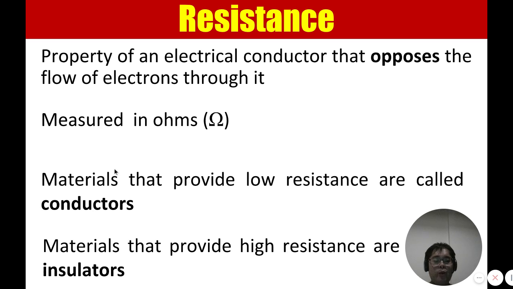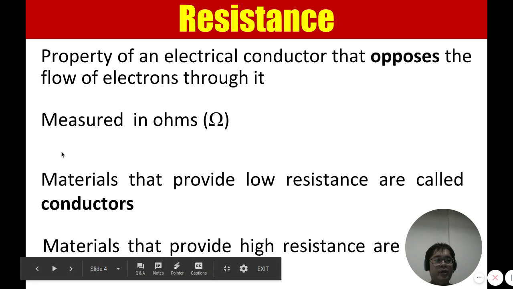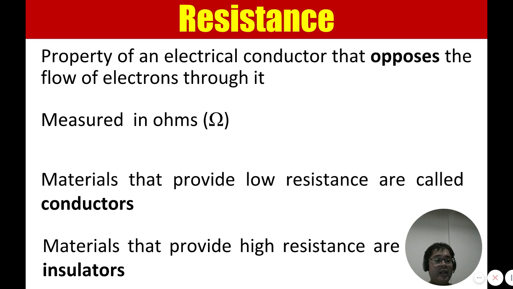And therefore, when you speak about conductors and also insulators, we have spoken about conductors and insulators in our previous chapter on heating and cooling. So we do know that conductors are good materials that are able to conduct heat or electricity. But basically, another definition is that it has low resistance, right?